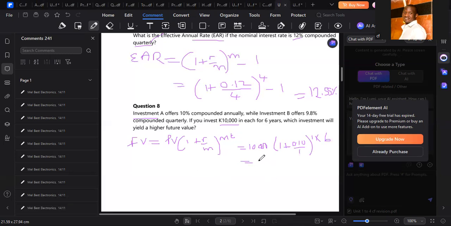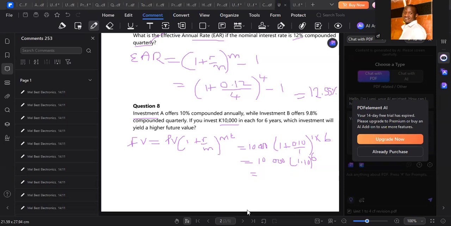When you compute this, 10,000 times 1.10 to the power 6, please always have the calculator nearby. We get 17,715.61.